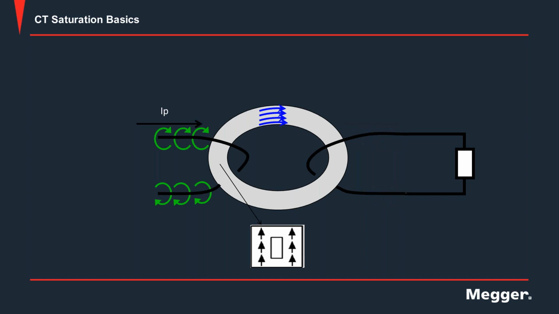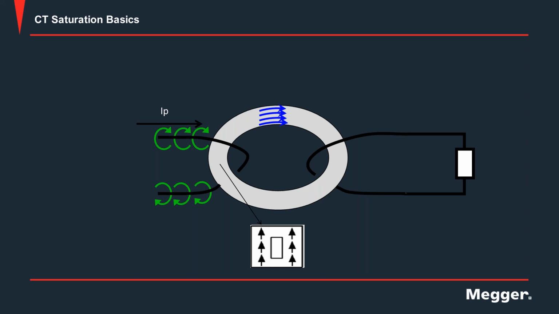Meaning, when I reach the saturation point, there will be no voltage across the secondary. And if there is no voltage at the secondary, then there will be no current flowing on the secondary. That is more than the saturation, actually. Okay. That means that our CT is saturated.